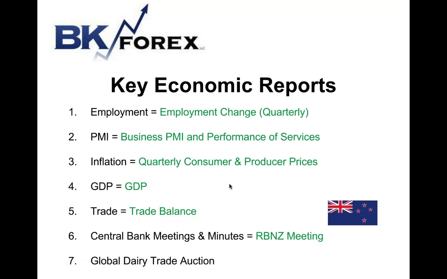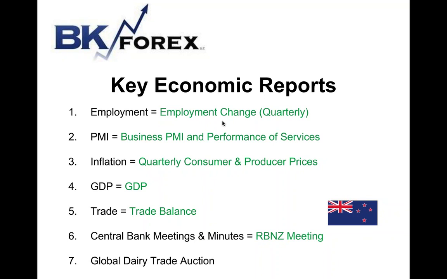There's less data. There's really only 3 or 4 key things that the market looks at on a monthly basis. And New Zealand doesn't release its figures every single month. They release quarterly figures, especially on the employment data. So that's why it's rarer, but it's more important. Employment can have a big impact.